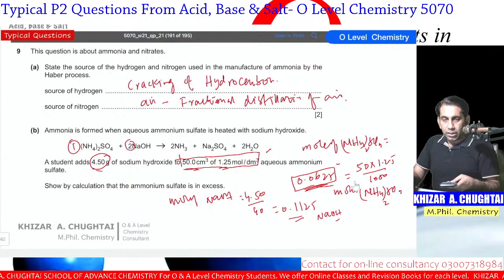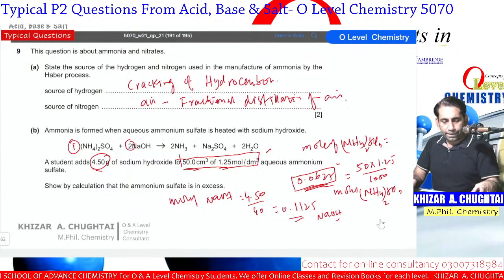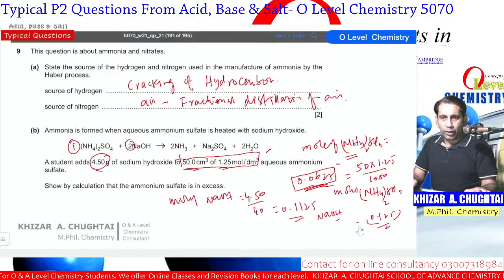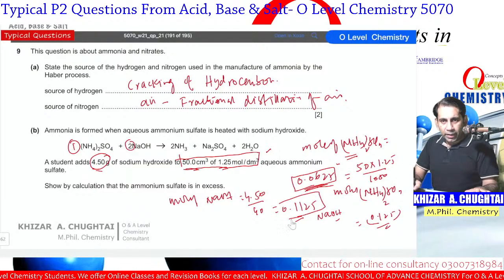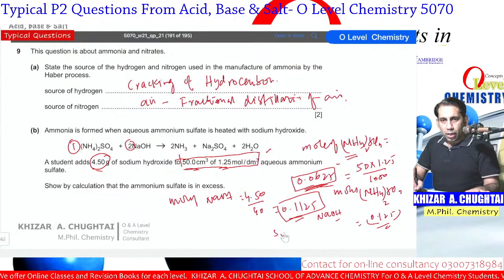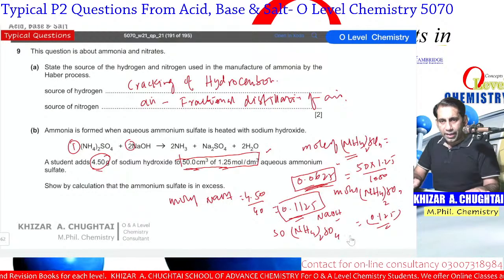The answer is 0.125. So the demand of ammonium sulfate is 0.125, but the available NaOH is equal to 0.1125. So (NH4)2SO4 is in excess.